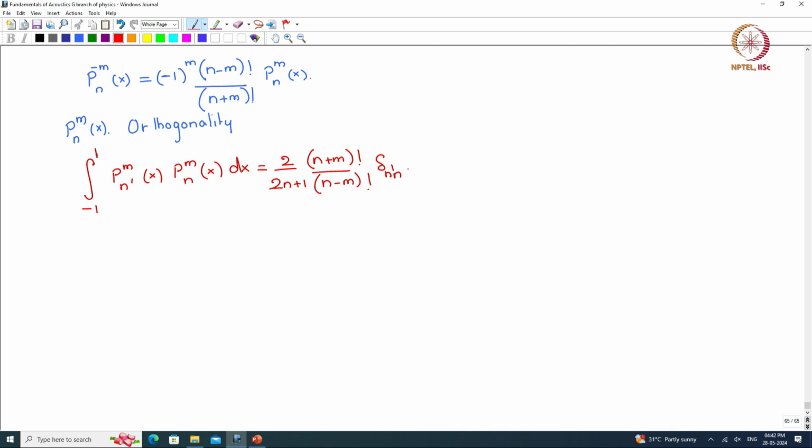I should mention, I am taking this from the book Fourier Acoustics, which I had mentioned earlier, by the author Earl G. Williams.